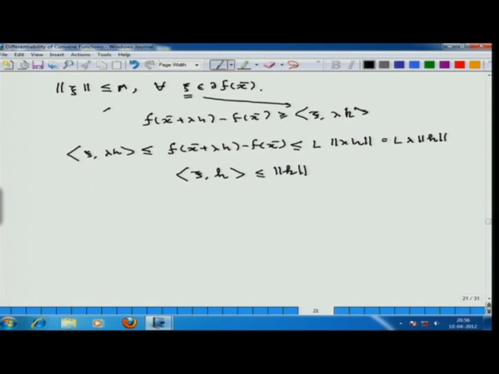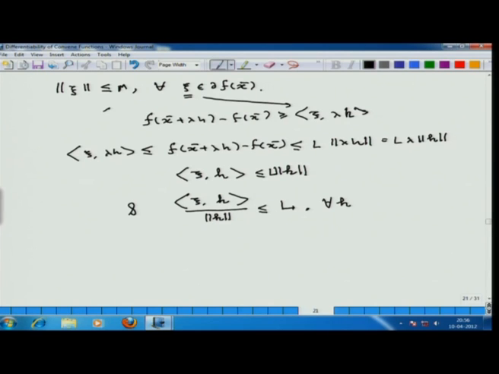Now comes the more mathematically oriented part. If h is 0, this is anyway satisfied. When h is not equal to 0, I can divide by the norm of h. Because this is true for all h, whatever h you take, this will always be true.